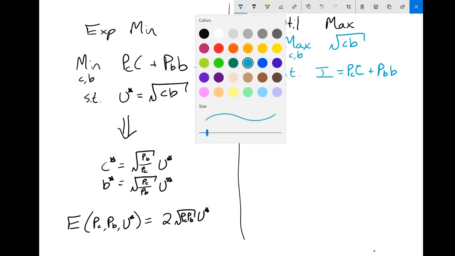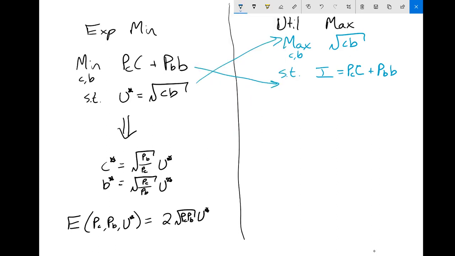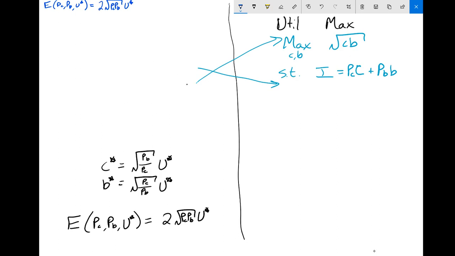What I'm going to do, I just want to save these. I'm going to save these up in the upper corner here. Okay. I'm just going to save that.